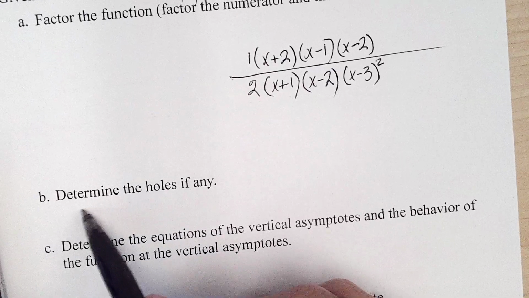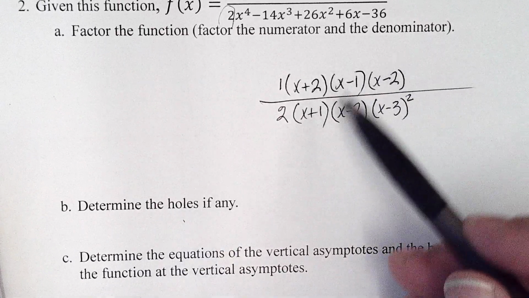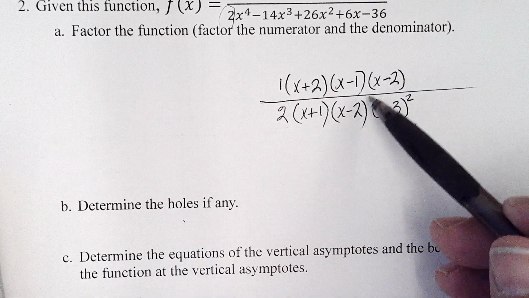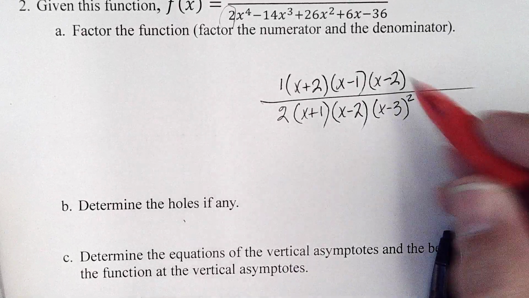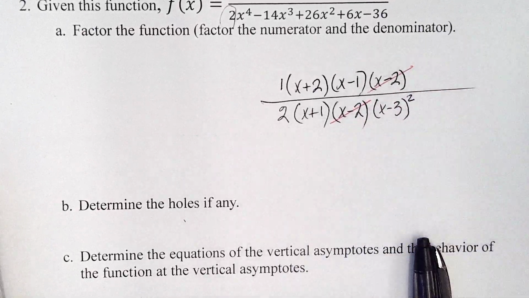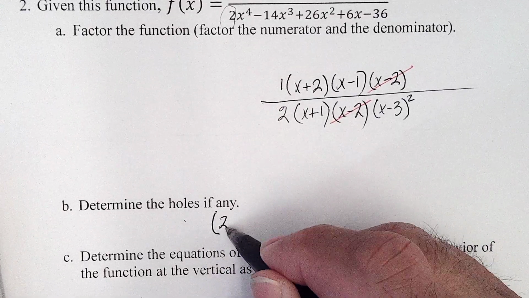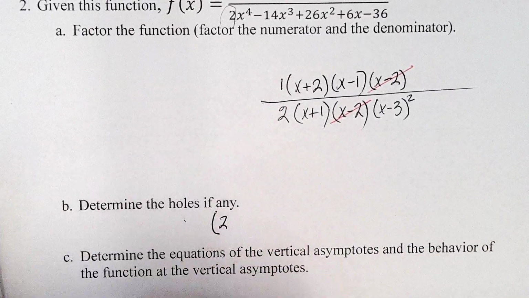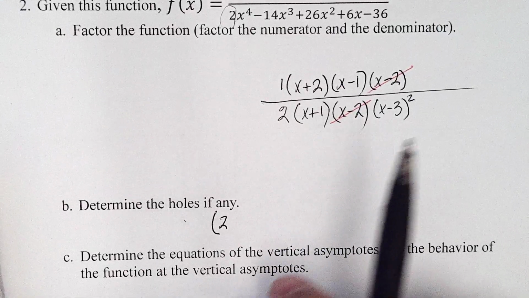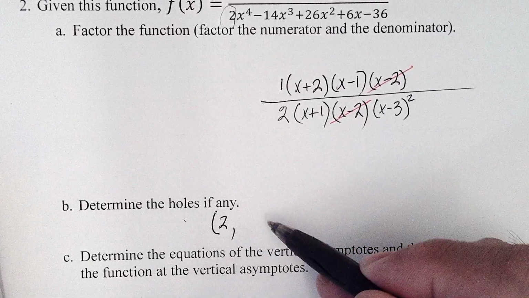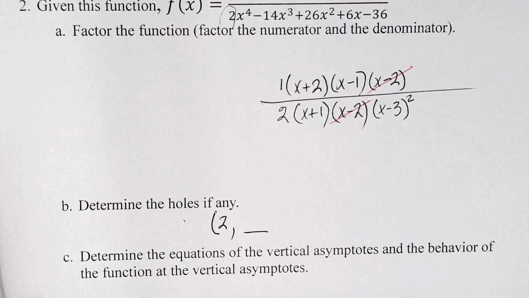Are there any holes? Well, I've got an x minus 2 and an x minus 2. So I'm guessing there's a hole at 2. Now I don't see it on either of these graphs. I'd have to graph the whole thing. But how do I find the y-coordinate?